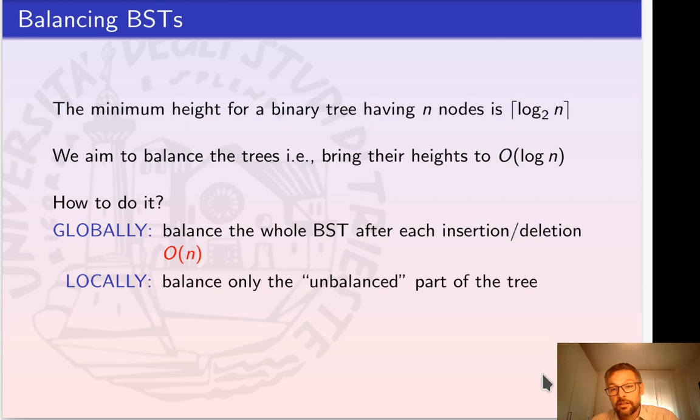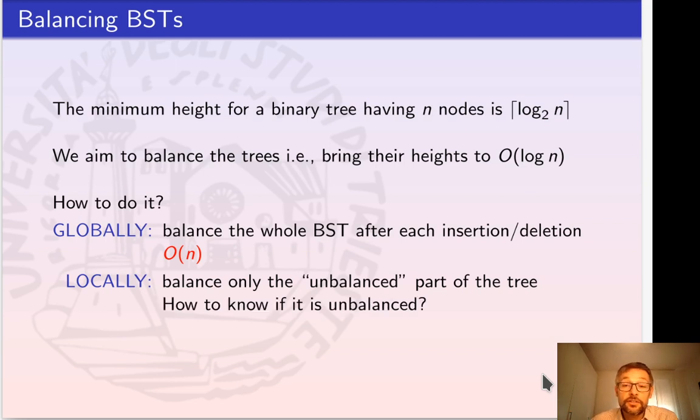Another possible strategy is to balance the tree locally, meaning that you balance only the unbalanced part of the tree. So instead of trying to rebuild the tree from scratch and balancing it from the top down, here we are trying to balance it locally. So once we discover that the BST contains an unbalanced part, we try to fix that unbalanced part.